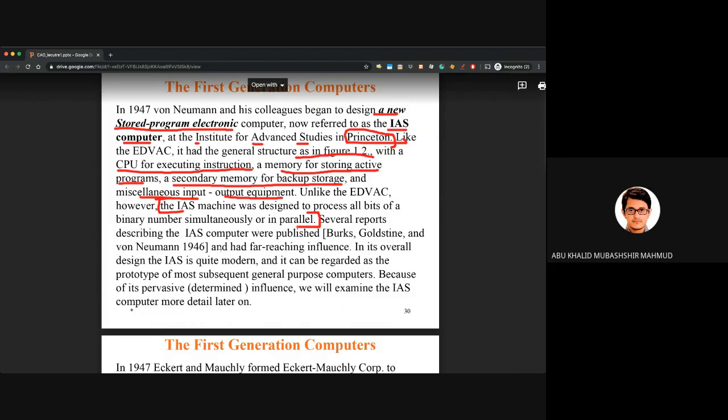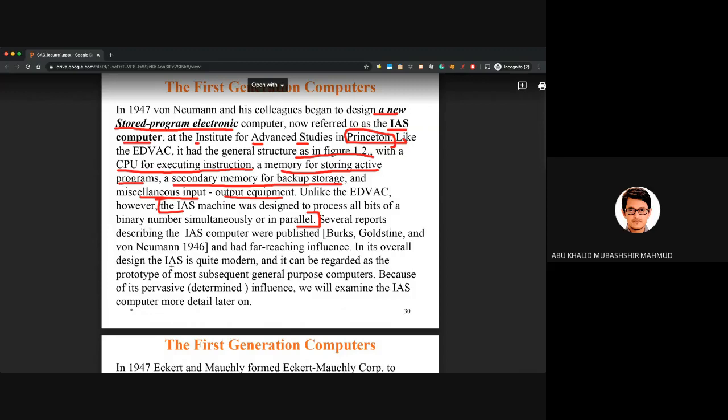Several reports describing the IAS computer were published and had far-reaching influence. It was the first of its kind to process all bits of a binary number simultaneously or in parallel.